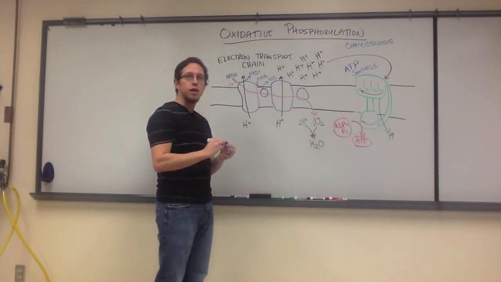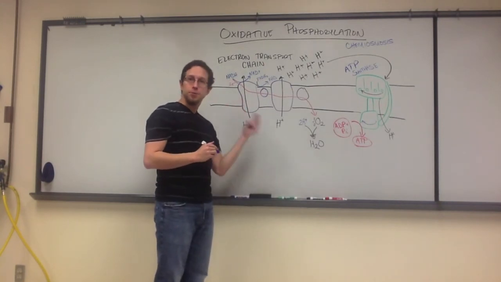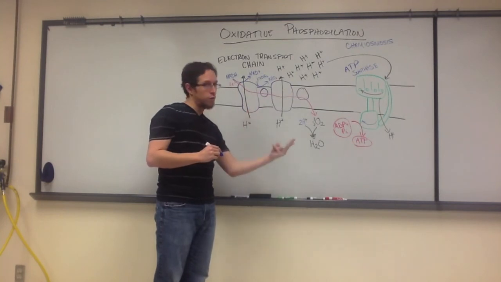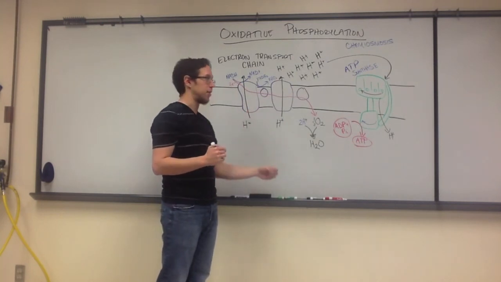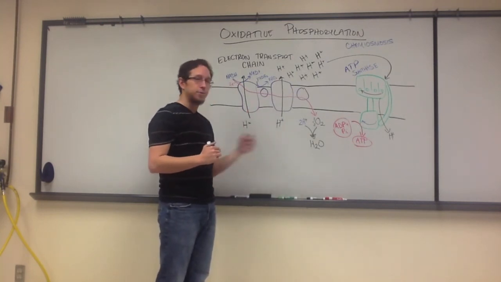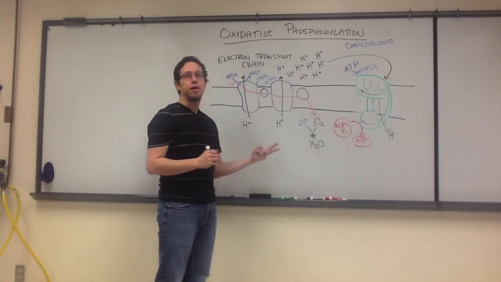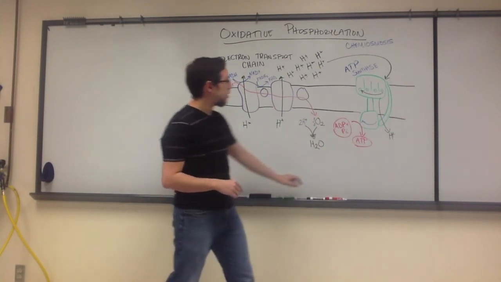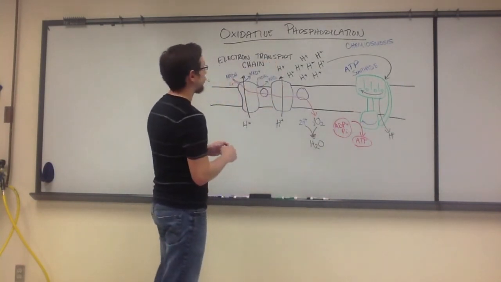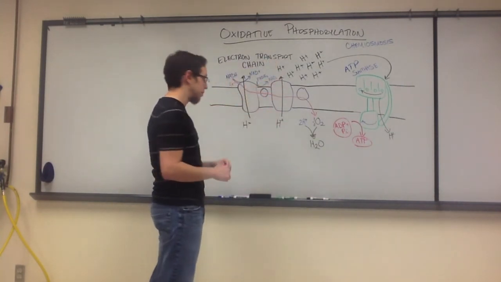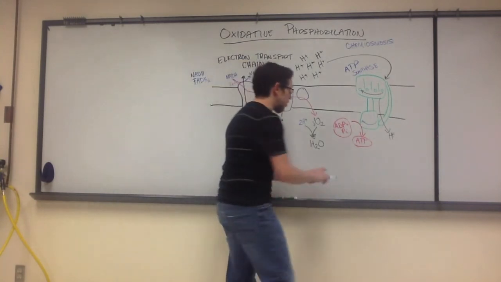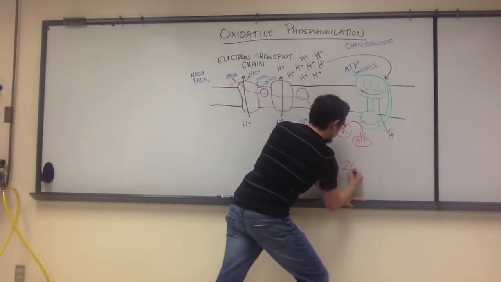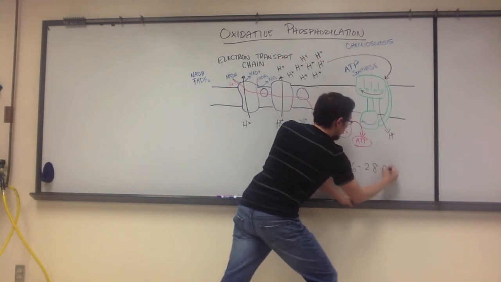Now, as we saw in glycolysis, substrate level phosphorylation generated 2 molecules net of ATP. The citric acid cycle, substrate level phosphorylation, again, generated 2 molecules of ATP. Oxidative phosphorylation using the electron transport chain and chemiosmosis is capable of generating between 26 to 28 molecules of ATP.